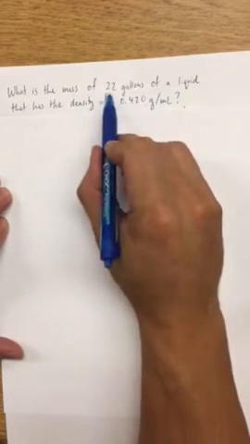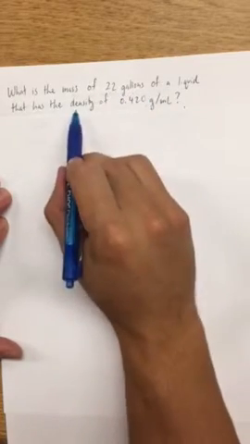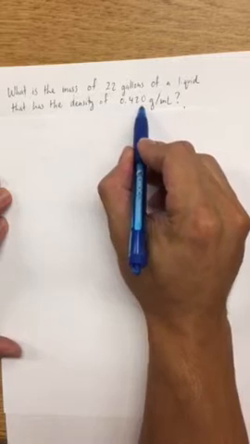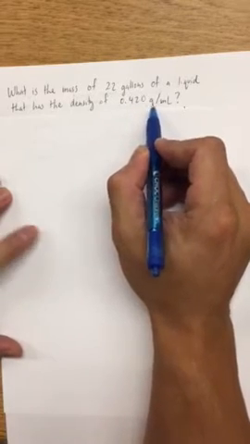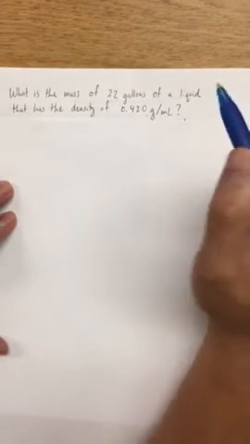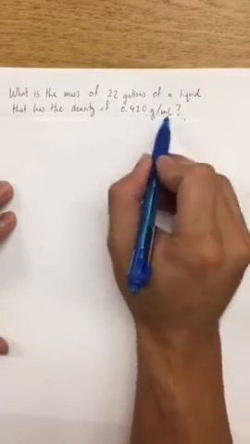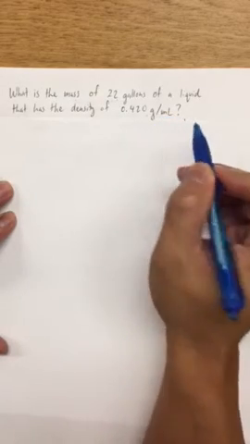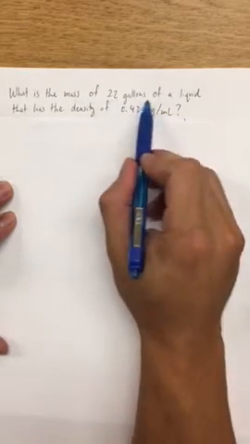Okay, so in this question, we're asked to find the mass given a volume of 22 gallons and a density of 0.420 gram per milliliter. Now, my plan of action is to find a relationship between mL, which is a measurement for volume, and gallon.